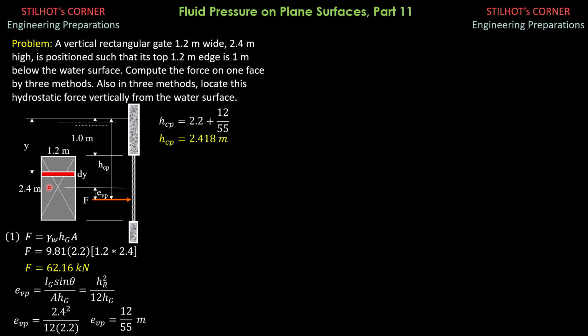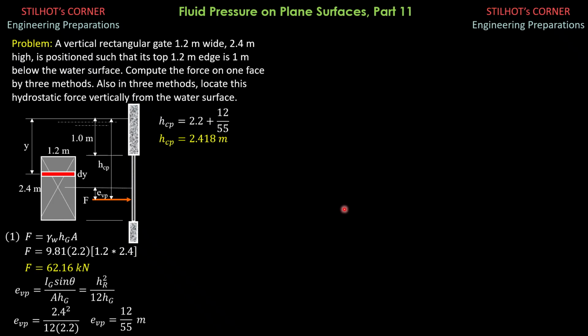The second way, I use this strip in integral form. The force is equal to the integral of the pressure at this level, which is gamma of water 9.81 times y. So that's the pressure. Differential area is 1.2 times dy. Then we just integrate with limits of y from 1 meter to 1 plus 2.4, 3.4.